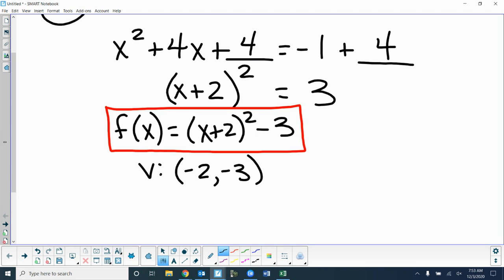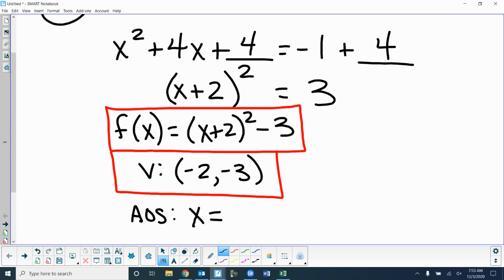That's the second answer I need. And then the third answer I need before we graph it is the axis of symmetry, which is always x equals whatever the x value of the vertex is. So we got that. So there's 3 of our 4 answers. Okay? And then the fourth answer is graphing it.